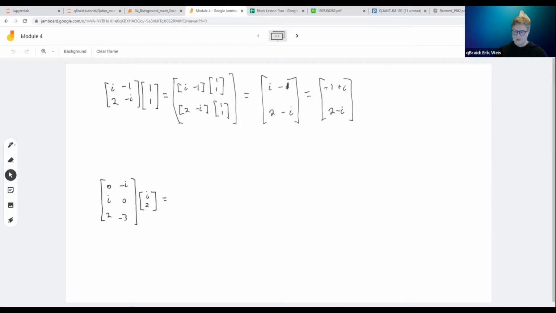So let's take a look at another example. Suppose we have this 3x2 matrix. This is a 3x2 complex matrix, and we're going to multiply it by a two-dimensional vector. So just the same as before, we can break this process up into a series of inner products. 0, -I, I2, 0.